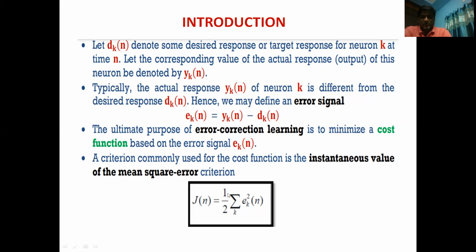J of n is equal to 1 by 2 into the summation of ek square of n, where k is equal to 1 to n. So this is the mean square error criteria for minimizing the error signal ek of n.